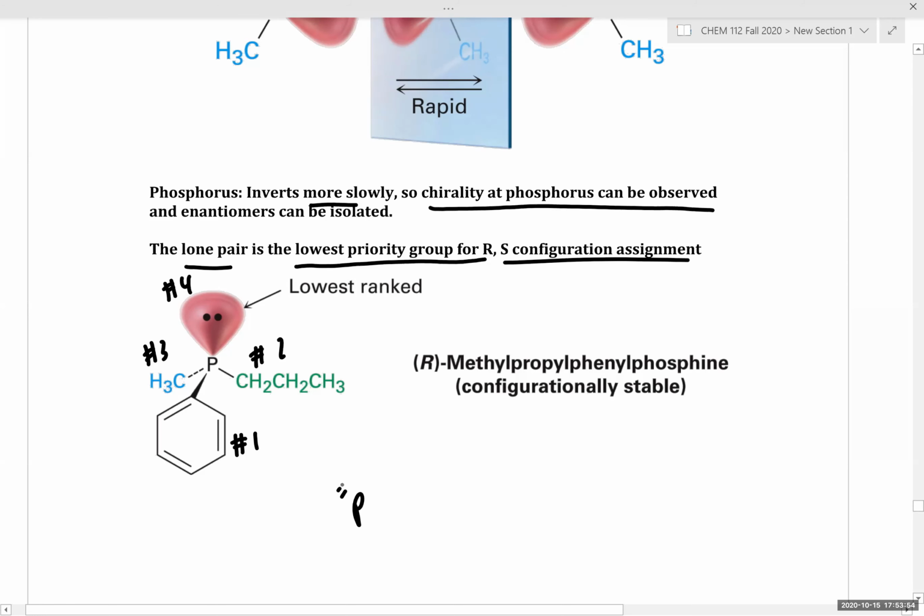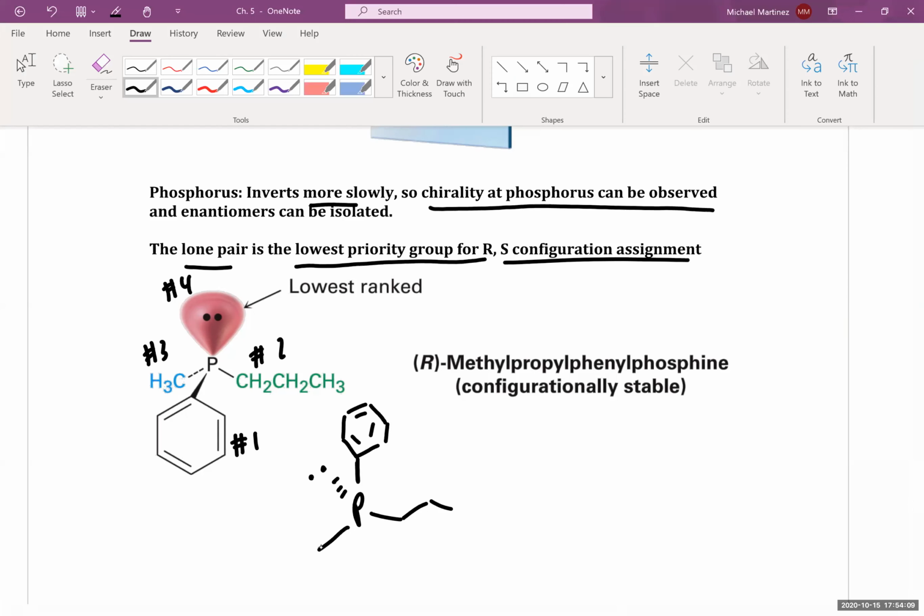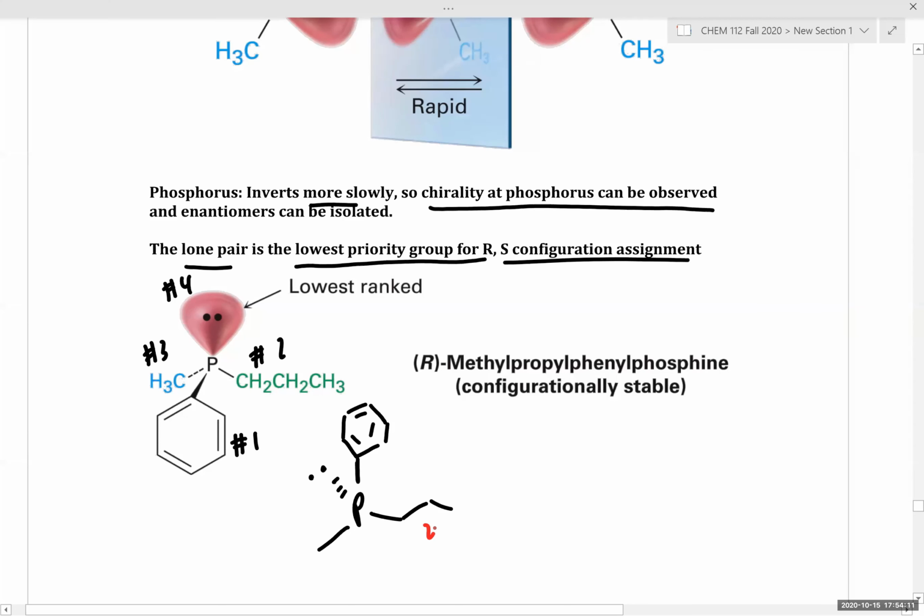So we can visualize this molecule after rotation as something like this. Going from highest to lowest priority, 1, 2, and 3, we see that we have an R configuration.